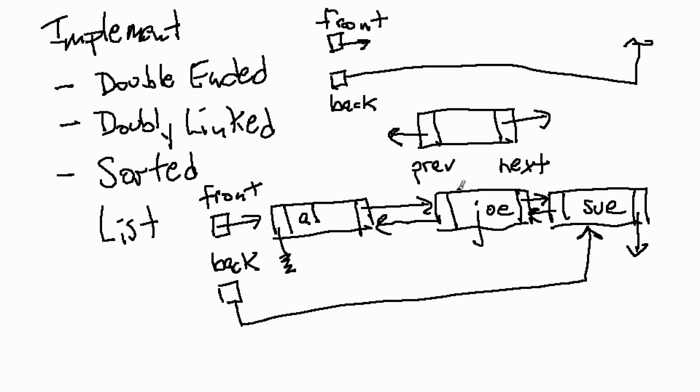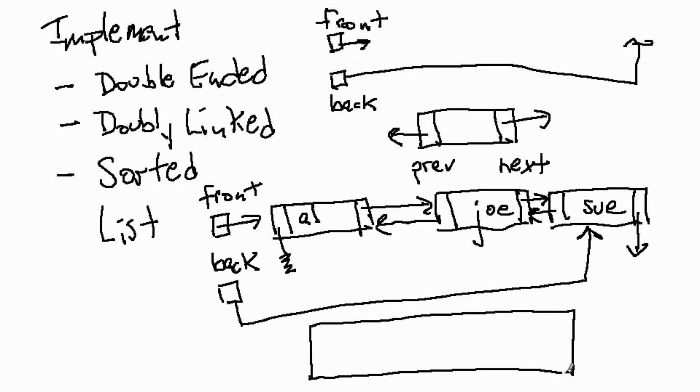And in fact, what's going to happen is we're going to have three of these. There's going to be one for the ID, one for the first name, and one for the second name. Now, what is each node going to look like? Well, each node, we'll draw a big picture of it right here. There's going to be a reference over here, and this is prev. There's going to be a reference over here, and this is going to be next.